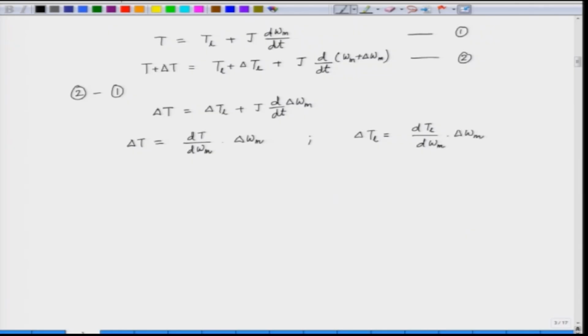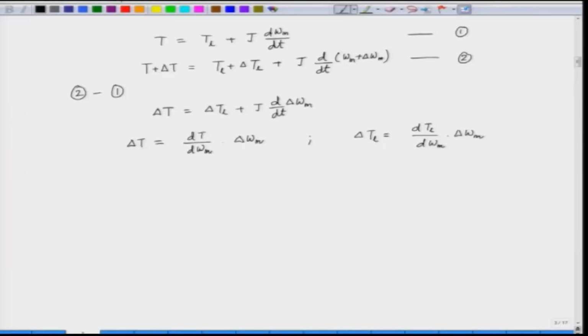So, these are the small disturbances in the motor torque and the load torque, which we obtain from the slope of the respective characteristic at the equilibrium point. Now, we substitute for delta T and delta TL in this equation, which is equation number 3.